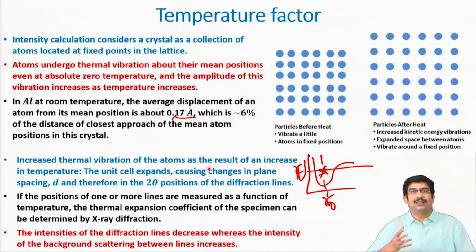From the relation lambda equals 2d sin theta, we have a change in the d value. Lambda is a constant for any incident X-ray, so with d changing, we will get diffraction at a different sin theta value. We will not get the diffraction condition satisfied at the exact Bragg angle, but at other angles, just because the unit cell is now expanded and the d value has changed.